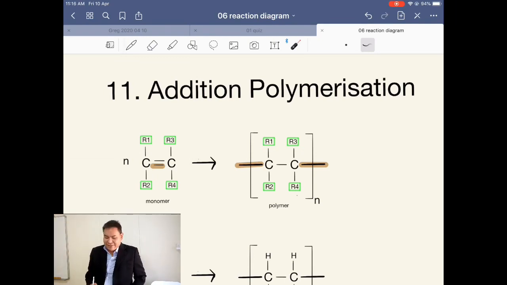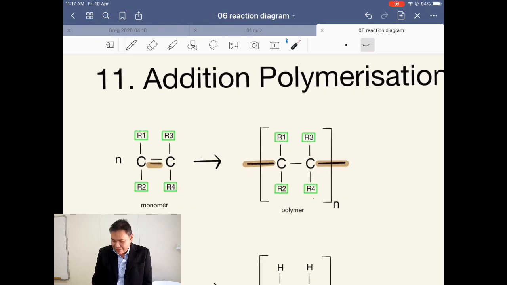It's not in JC syllabus also. Then if you add catalyst, this bond, the one that I mark with brown, will break up to form a bond with the neighboring molecule.